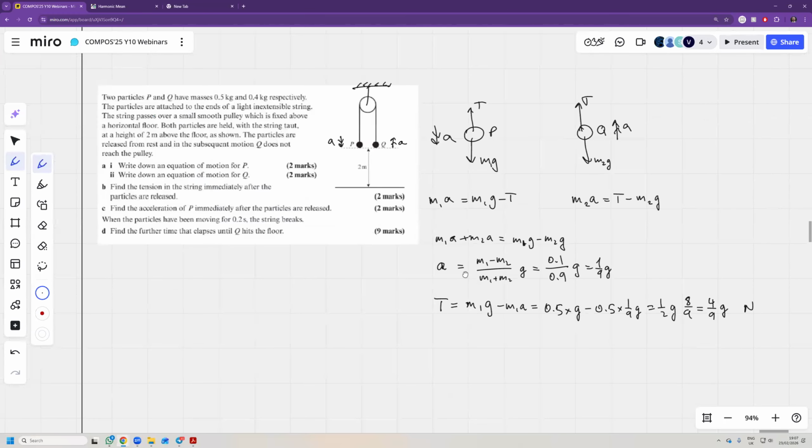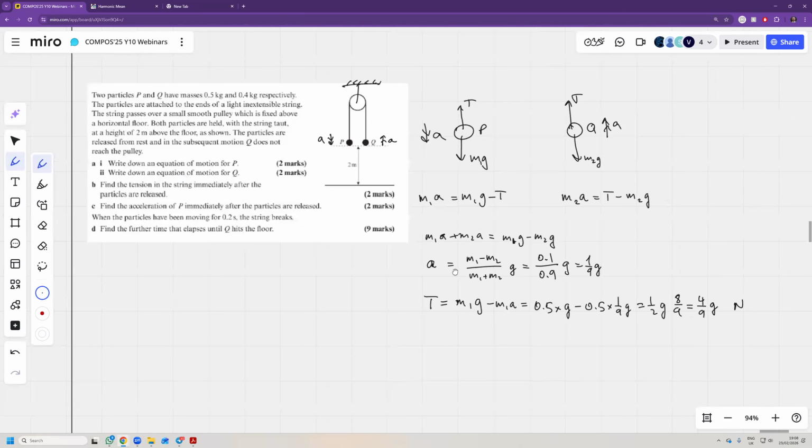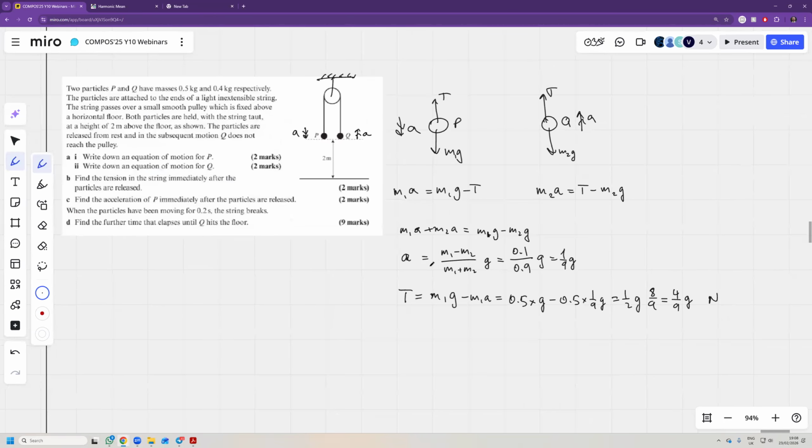When the particles have been moving for 0.2 seconds, the string breaks. Find the further time that elapses until Q hits the floor. So after 0.2 seconds, they've been accelerating for 0.2 seconds. So Q has been moving up.